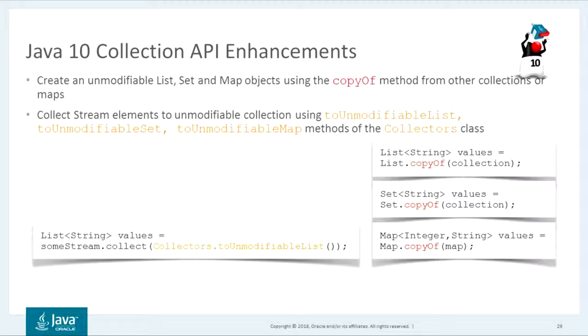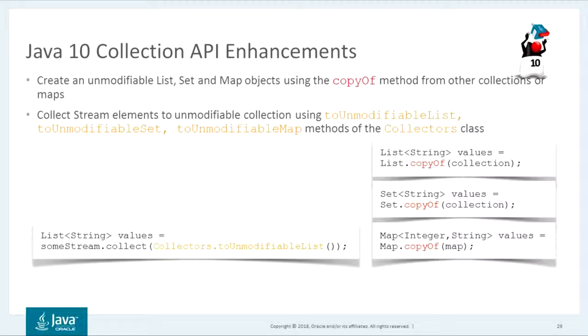Also, stream elements can be collected into unmodifiable collections with toUnmodifiableList, toUnmodifiableSet, and toUnmodifiableMap by the Collectors class. Please note the difference. In this example, it's stream.collect. So you're taking a stream and turning it into an unmodifiable list or set or map.